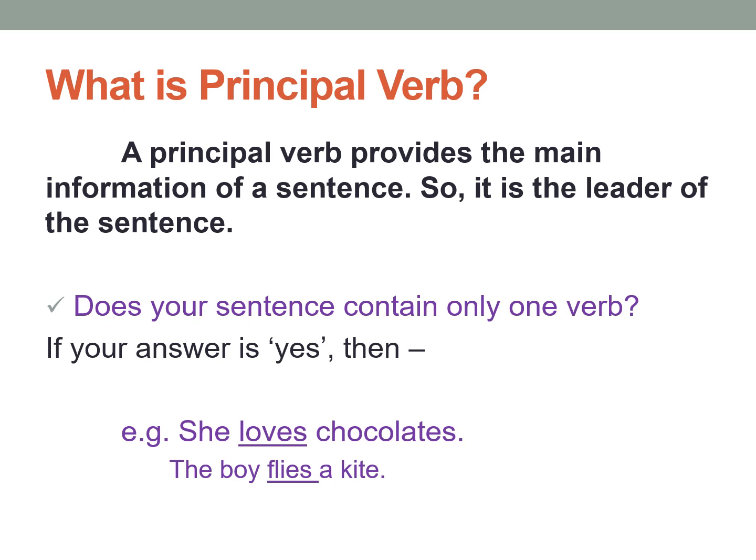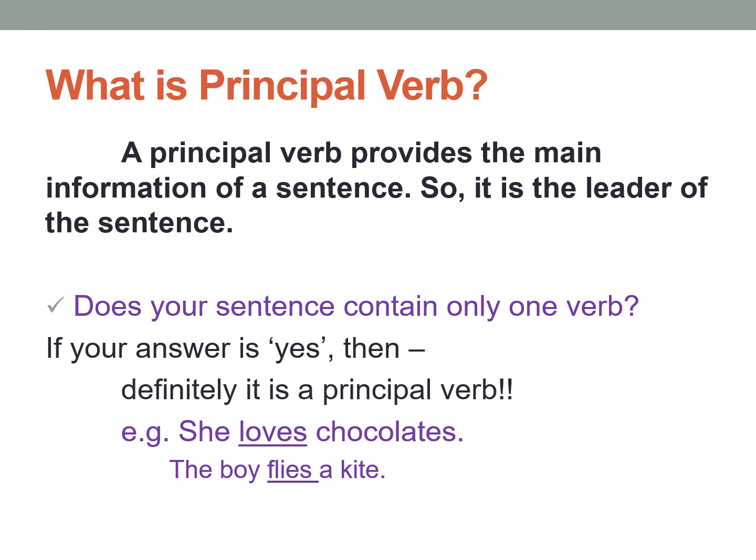And remember one thing: does your sentence contain only one verb? If your answer is yes, then definitely it is a principal verb.